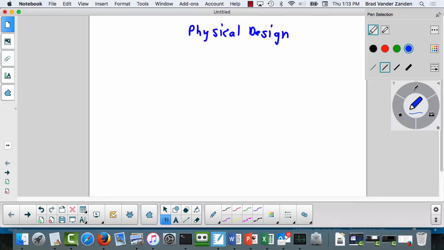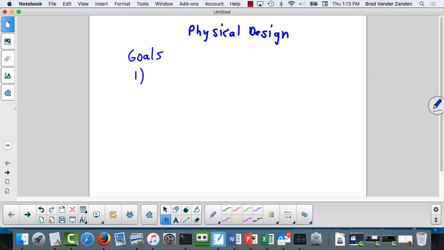Okay, so it's got two goals basically. The first goal is you want to map the relations into physical files. And for that, you need to choose a file format. There's basically three file formats that you can choose. One is what's called a heap.